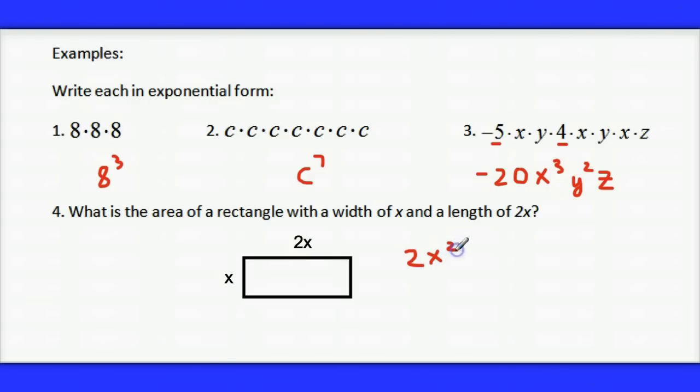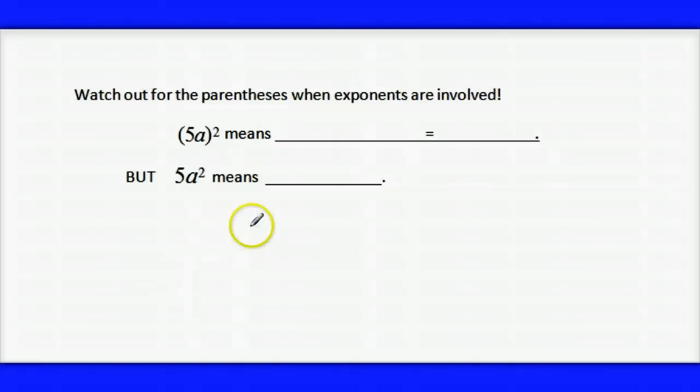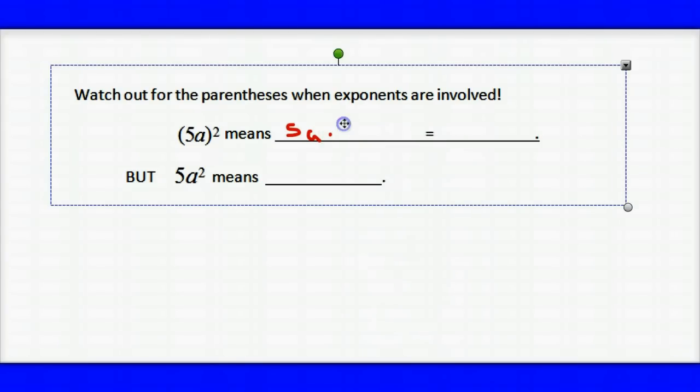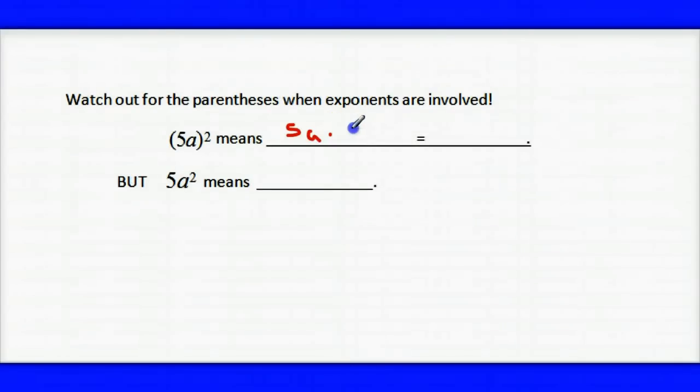Now, when we're working with exponents and parentheses, we need to be careful here. Notice this example has 5a in parentheses squared. Well, that really means 5a times 5a. So here we have 5a times 5a, and that would be 25a squared.